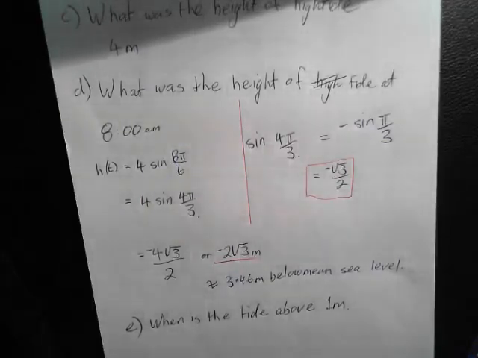So when you're reading a question like this, you've got to realise how much of that information you don't actually need to mathematically solve the question. Basically they're asking when is the tide above 1 metre on that day.